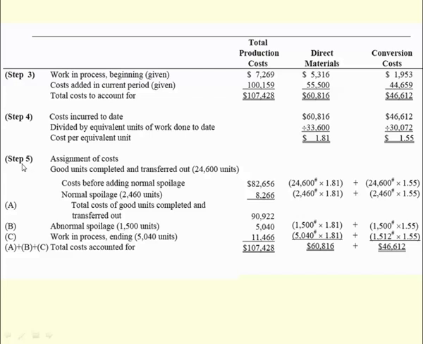Final step, step number 5, assignment of costs. We need to assign costs to, first, good units completed and transferred out. Number 2, for normal spoilage. Number 3, for abnormal spoilage. And number 4, for work in process ending. So to assign costs to good units completed and transferred out, the number of these units was 24,600 units.